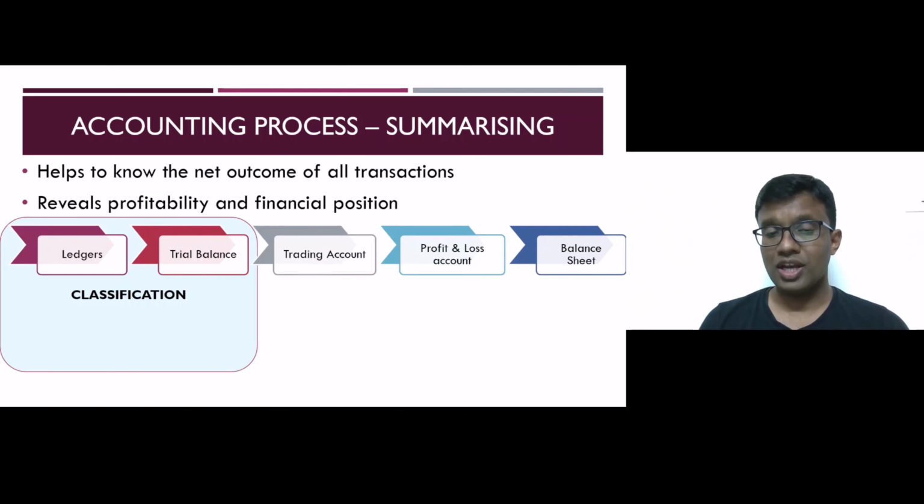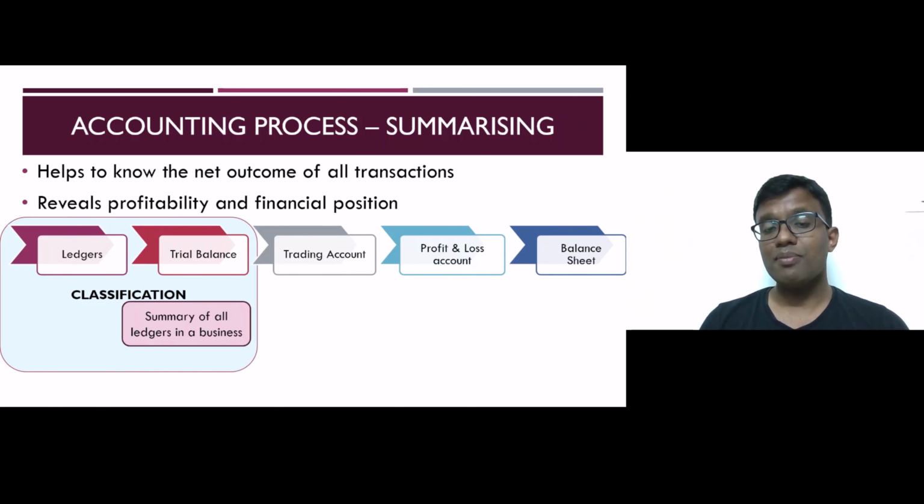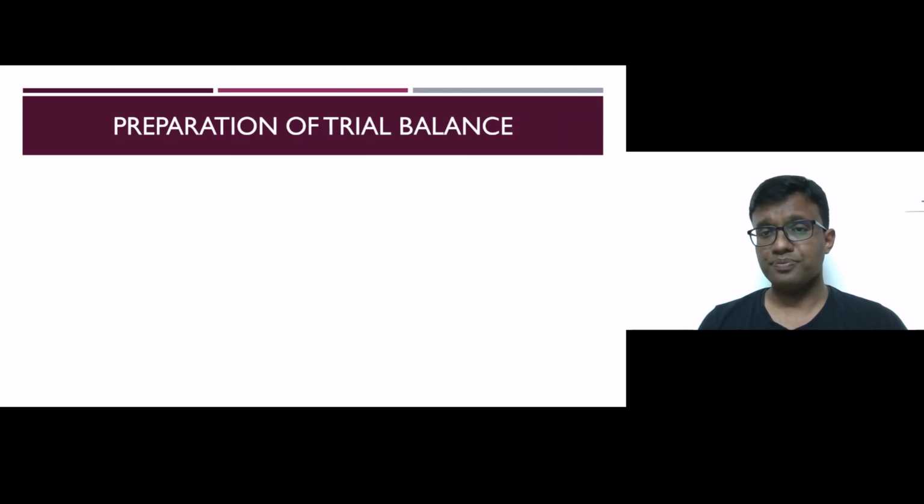In a nutshell, the trial balance is a summary of all the ledgers of a business in one single statement. The balances of the different ledger accounts are reported into one single place, and this is what would be used by the accountant to prepare the subsequent statements which are a part of your final accounts.